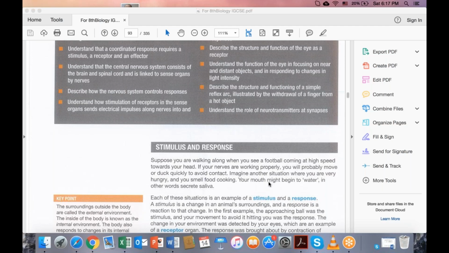In order to show a response to the stimulus, we have the nervous system. And how do we feel this stimulus? By using our receptors. And what is a receptor actually?